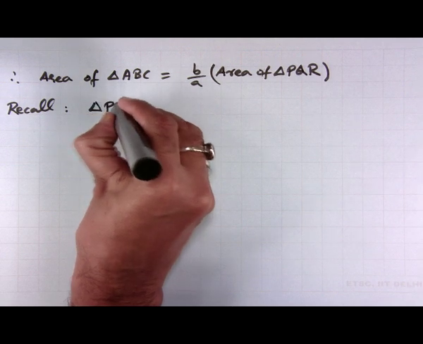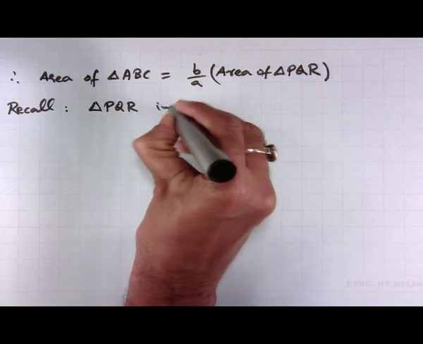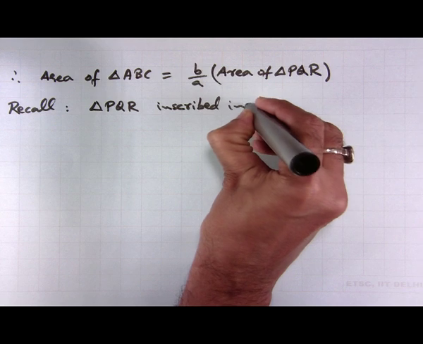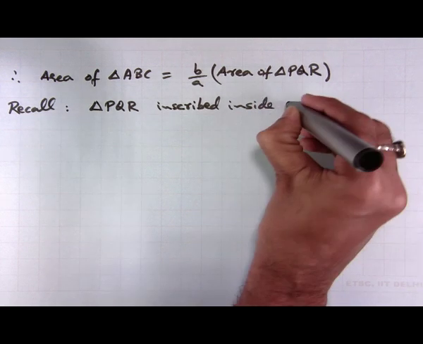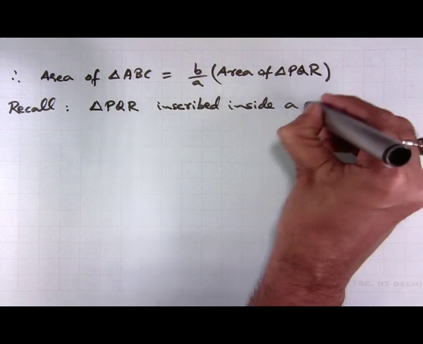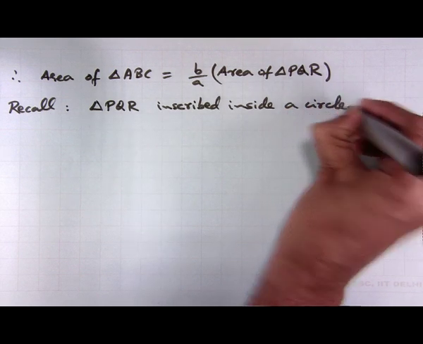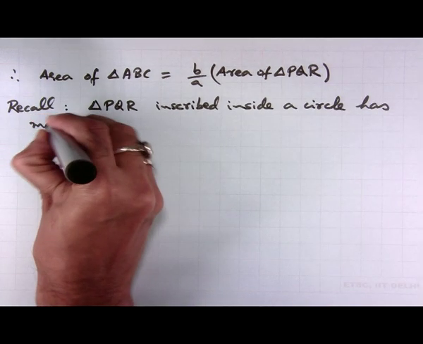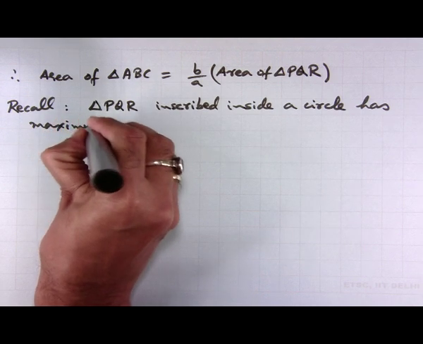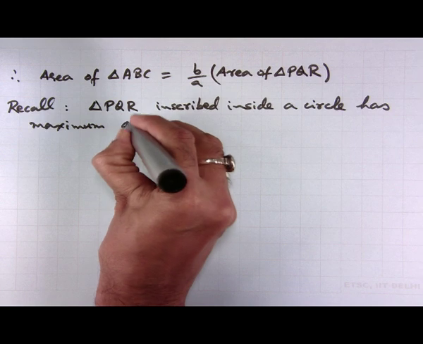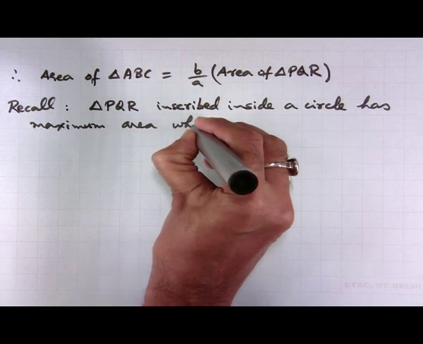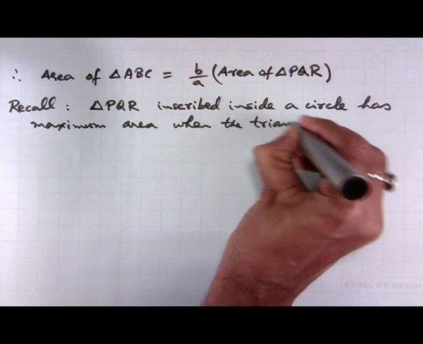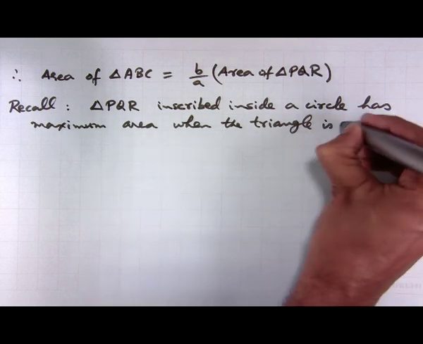Triangle PQR inscribed inside a circle has maximum area when the triangle is equilateral.